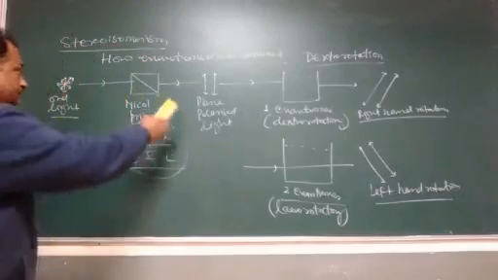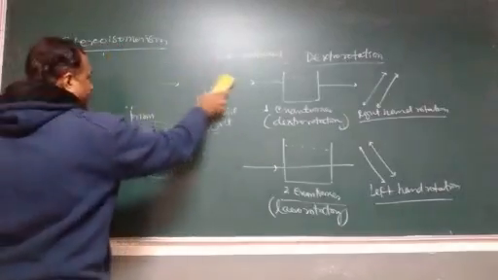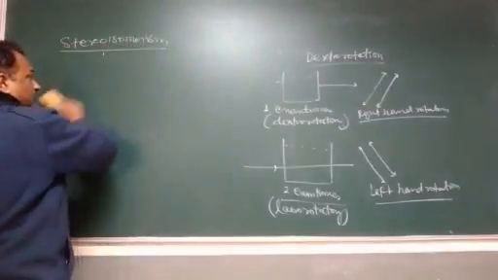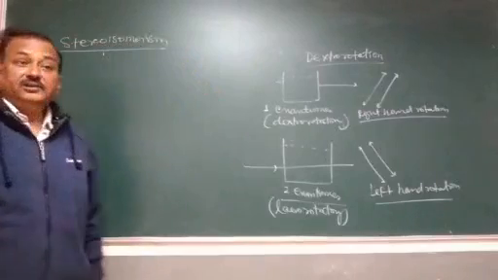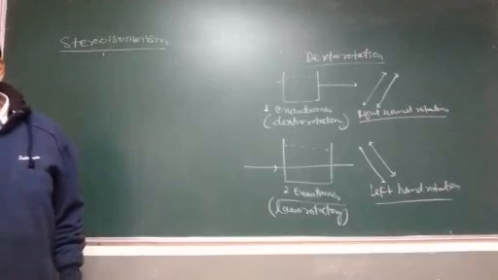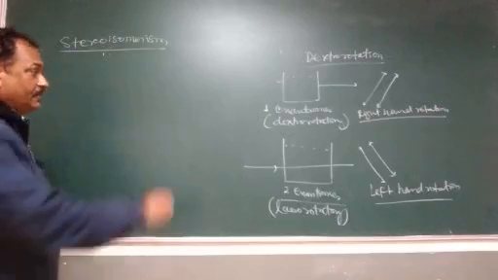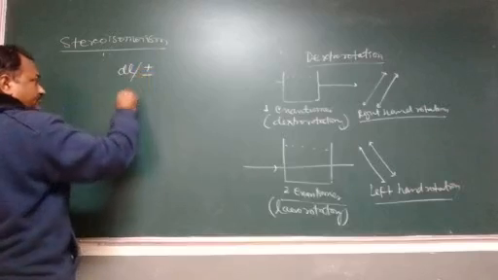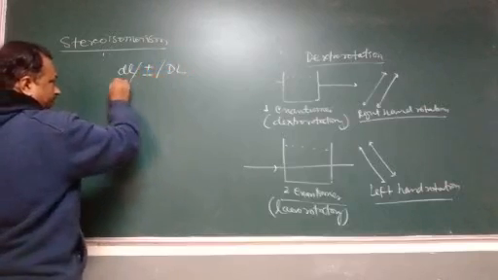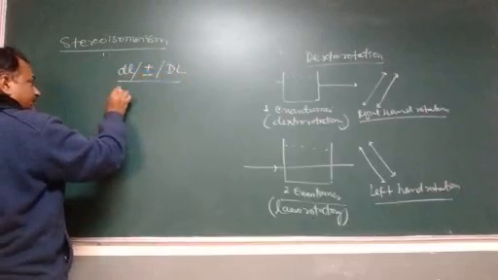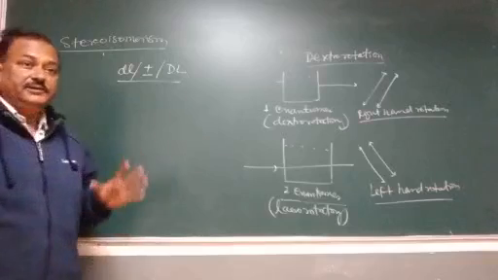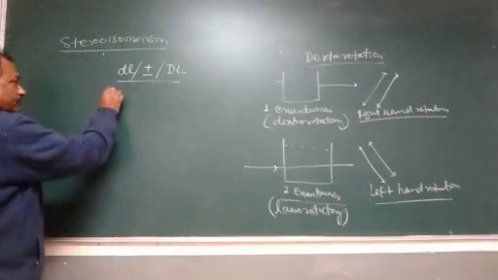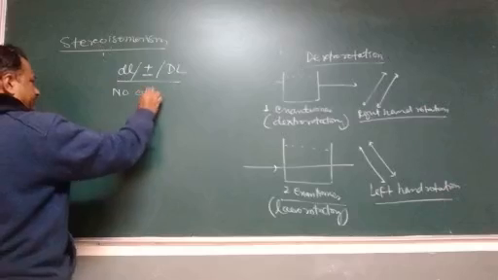Now, the enantiomers are able to rotate the plane of polarized light when they are in pure form. If we write like this, DL or plus minus, it means the same type of enantiomers are present together, and there will be no optical activity.